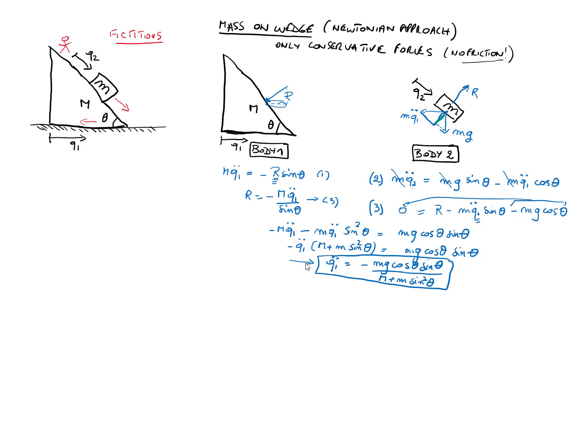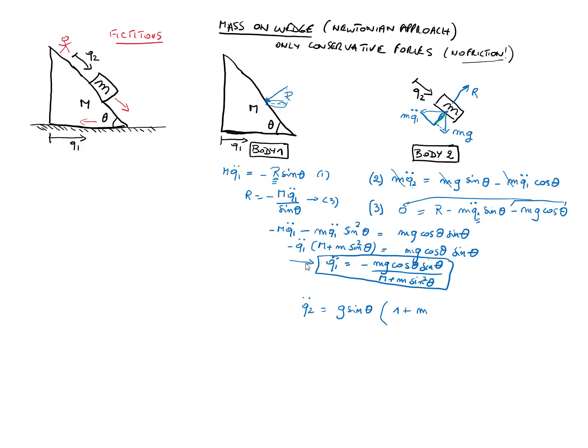So we can write q2 double dot is equal to j sine theta, then 1 plus, there is the m that is coming from here, the other one has disappeared.